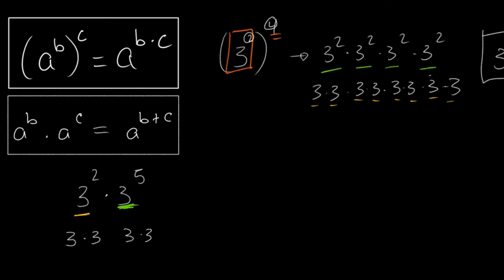That's 1, 2, 3, 4, 5 factors of 3. Now, I am multiplying these factors of 3 together, and when I count, I see that there's 1, 2, 3, 4, 5, 6, 7 of them. So I have 7 factors of 3.